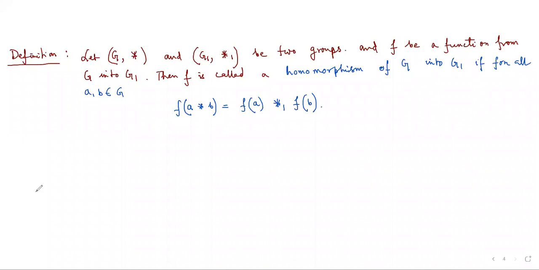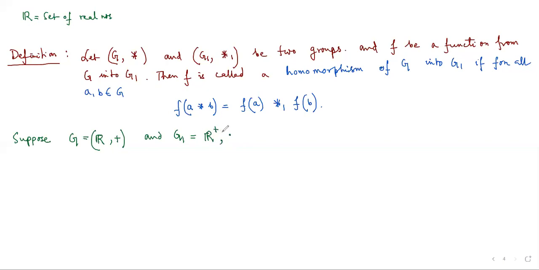I'm going to show you an example. Suppose I'm choosing two groups. Capital G is R, plus, where R is the set of real numbers and plus is the ordinary operation of addition. And G1 I'm selecting to be R plus, the set of all positive real numbers.